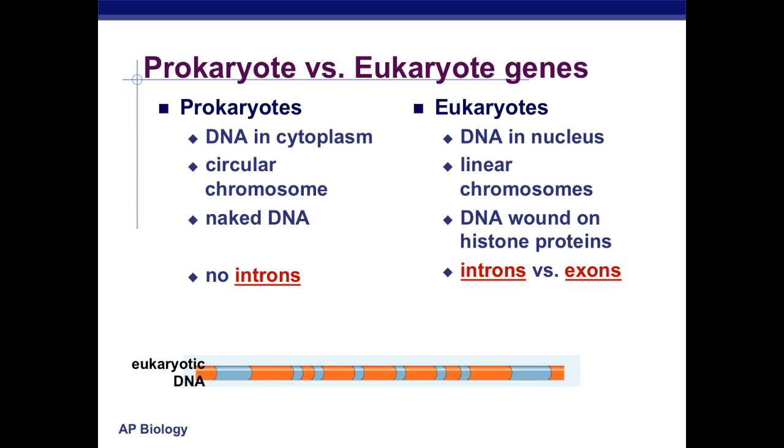Prokaryotes have no introns, whereas in eukaryotes you have introns versus exons. Introns and exons allow for genetic variability, so the same transcribed mRNA may code for different proteins and different traits.